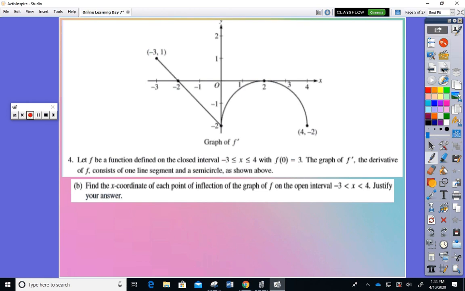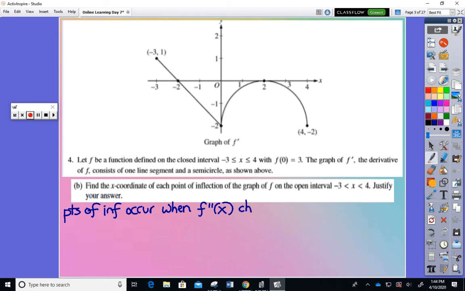Find the x-coordinate of each point of inflection. All right, so to do this, I know points of inflection deal with second derivatives. So I know points of inflection occur when f double prime of x changes sign, goes from positive to negative or negative to positive.